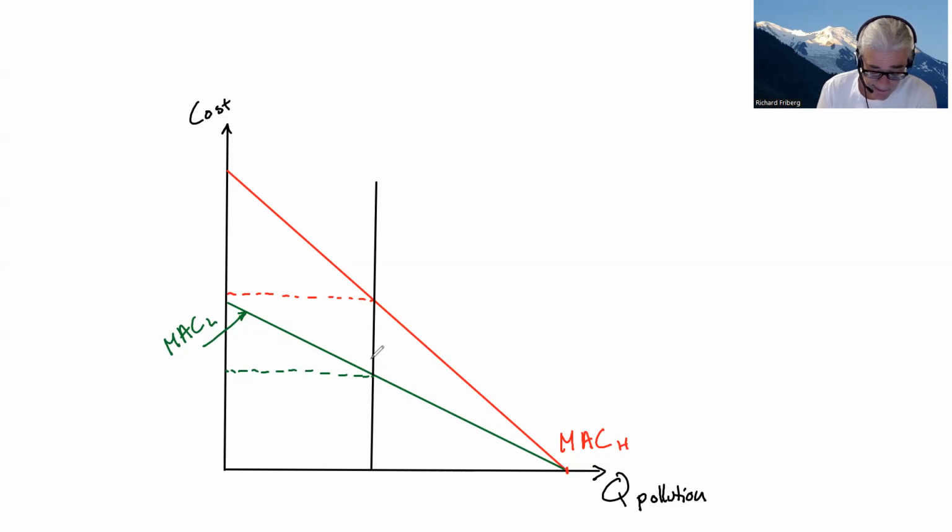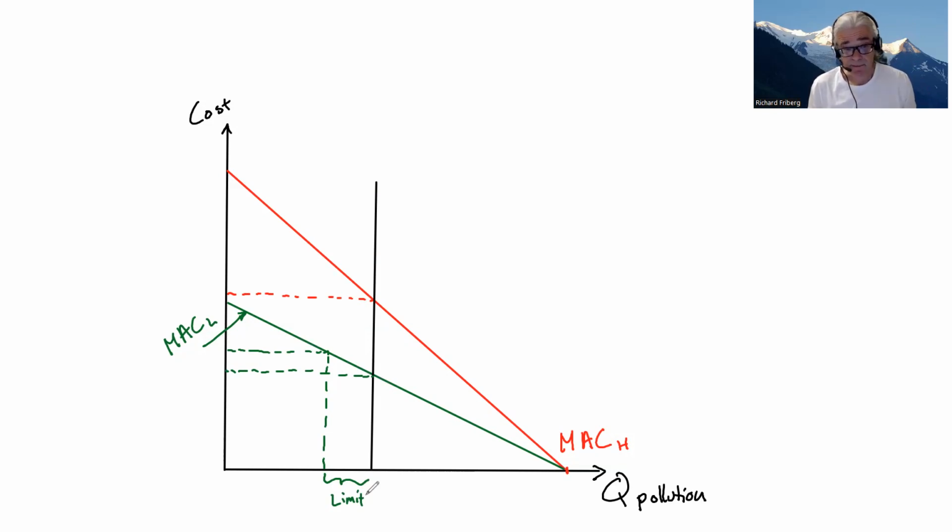So it would limit pollution, say to this point, having this marginal cost. Okay, so it would limit pollution by this much, pulling back even further.